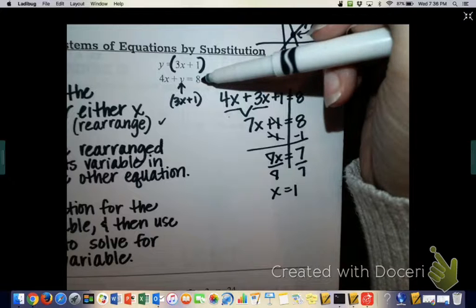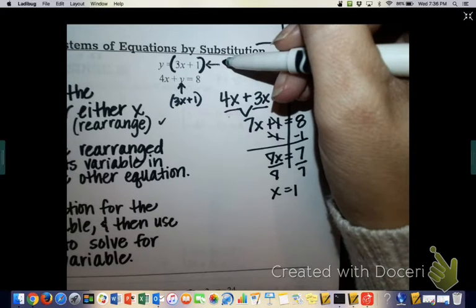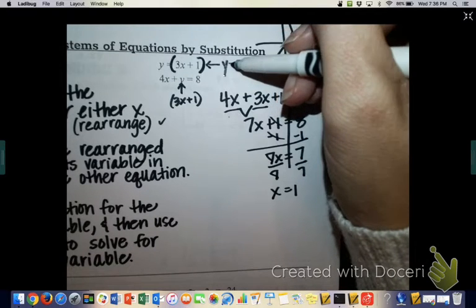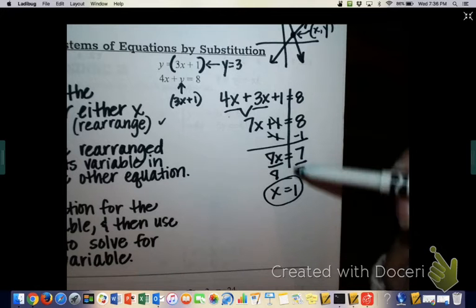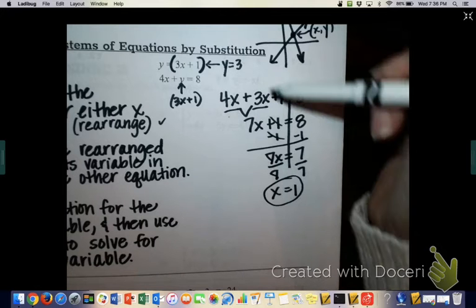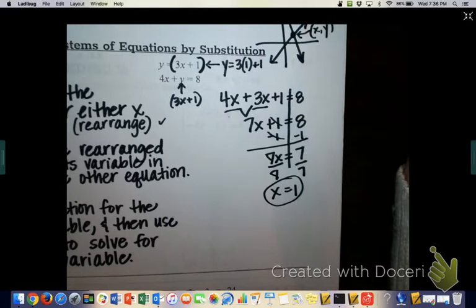So I'm going to use our first equation, and I'm going to put y equals 3, not x. I know that x equals 1. So instead of x, I'm going to put 3 times 1 plus 1. And that's going to be what my y coordinate is.